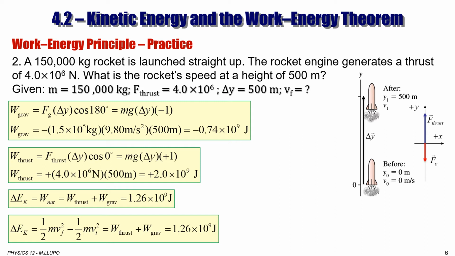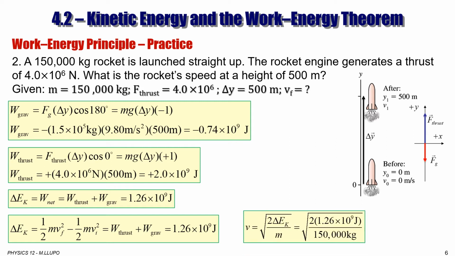Now, after knowing this, we can solve for v final because v initial is already 0, so that component is gone. What is left is v equals the square root of 2 times the change in kinetic energy, which we already calculated and which is equal to net work, divided by mass.